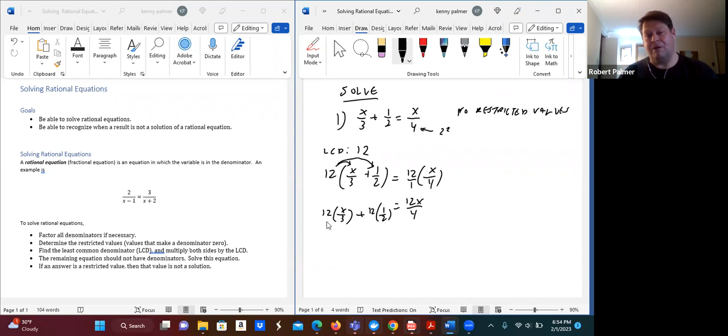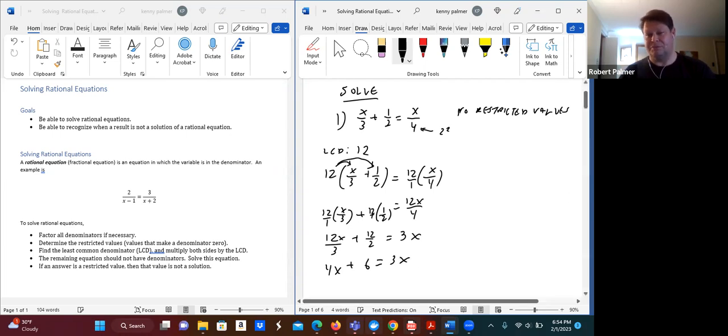Both of these simplify. 12 over 4 is 3, so the right side is just 3x. On the left, 12 over 3 is 4, so 4x, plus 12 over 2 is 6. So we have 4x plus 6 equals 3x.